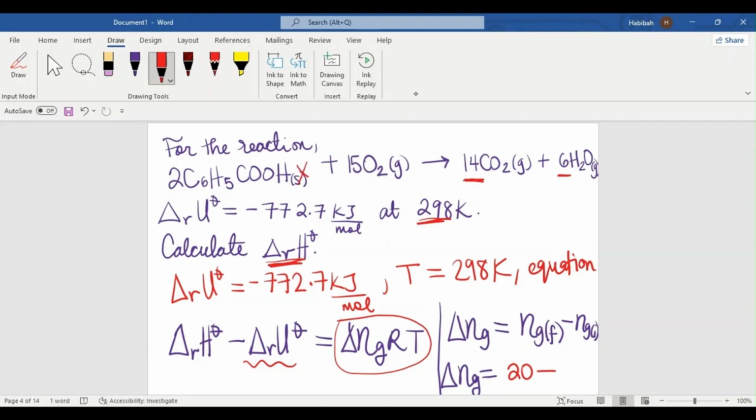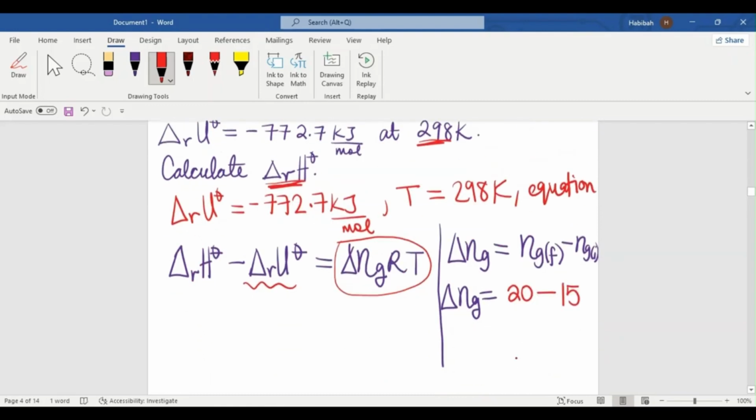For the reactant, we have O2 gas, and we have 15 molecules of O2 gas reacting in this reaction. So that would be 20 minus 15, which is going to just give us 5. So we know that the change in the number of gases for the reaction is simply 5.